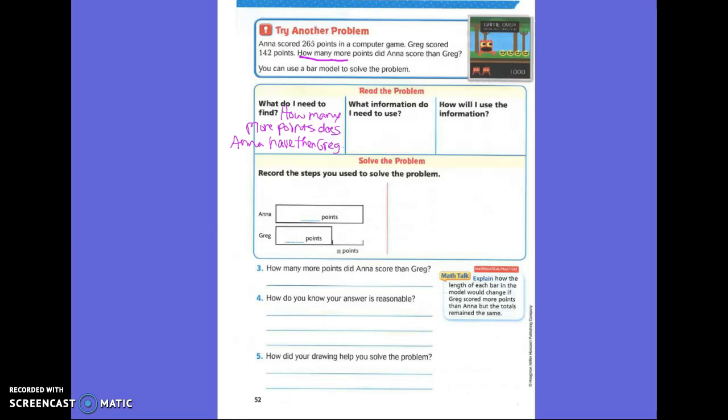What information will we use? No, that's what we're trying to find. What information is the important information to find that answer? No, that's the operation we're going to use. I want to know what information in here will we have to use to answer the question.